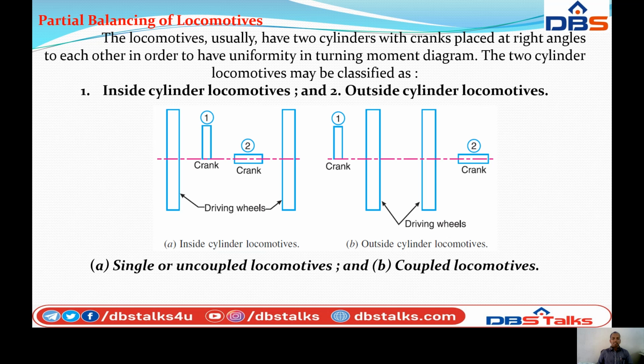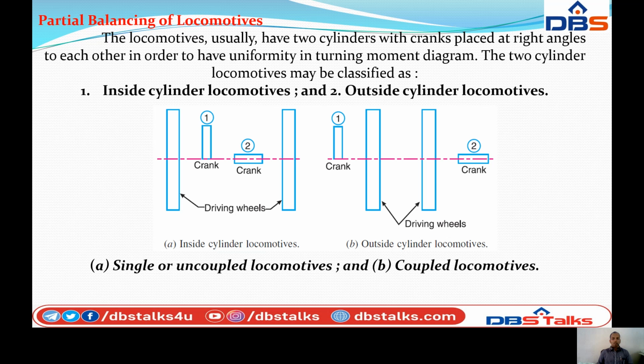In inside cylinder locomotives, the two cylinders are placed in between the planes of the two driving wheels. If you see in the diagram, the cranks are placed in between the two driving wheels.